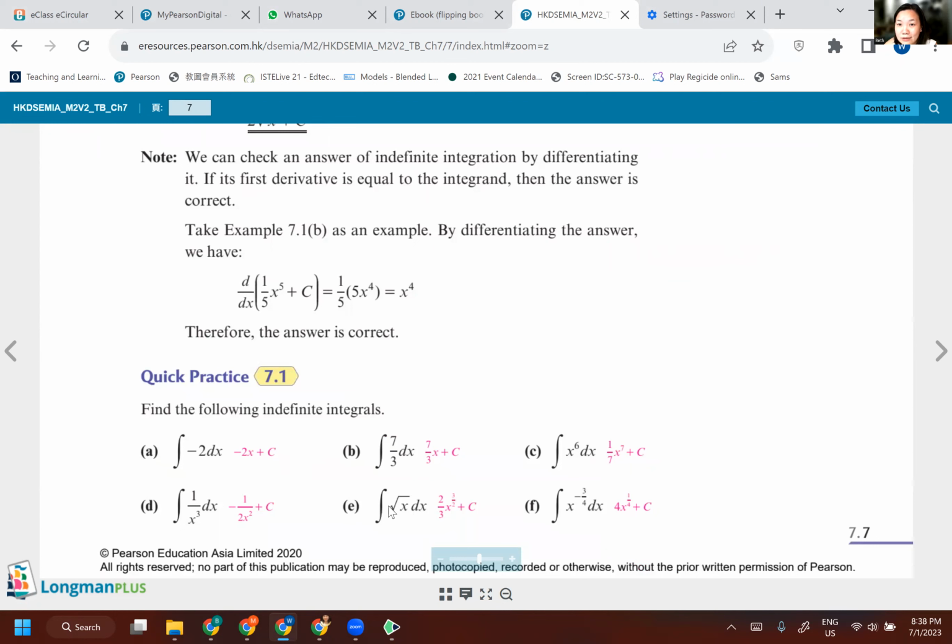Let me know if you're done. Now this time I didn't print the classwork onto the notes, but I think there is enough space. You just write and then you quickly let me know.